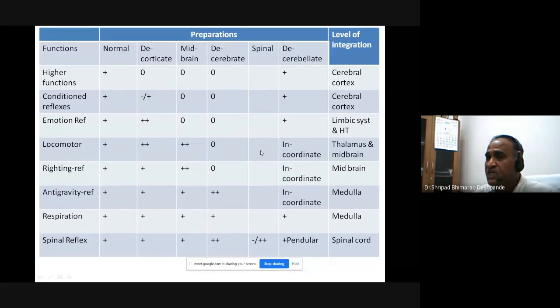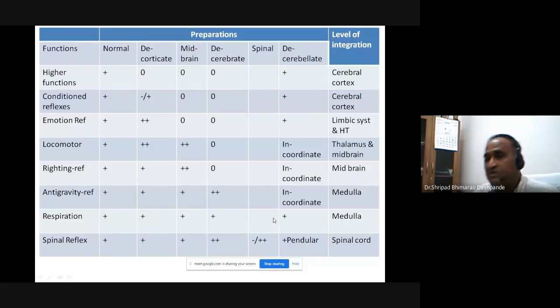But locomotor activity is lost, he cannot perform it. Righting reflexes are lost. Anti-gravity reflexes are zero, because he does not have control over the limbs. And respiration is automatic.